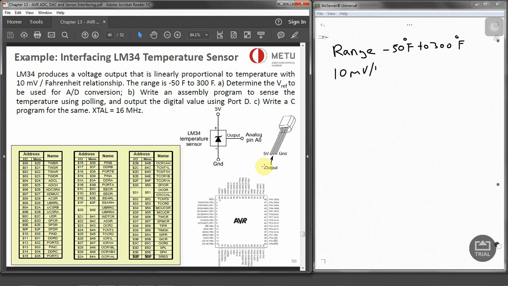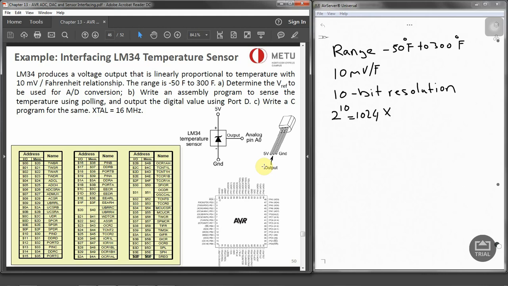Now, for the ADC, we have to check if the values given will fit, or we have to decrease the resolution. To do that, let's start with 10-bit resolution, which is the highest resolution for the ATmega's ADC. For 10-bit resolution, we need 2 to the power 10, which is 1024.